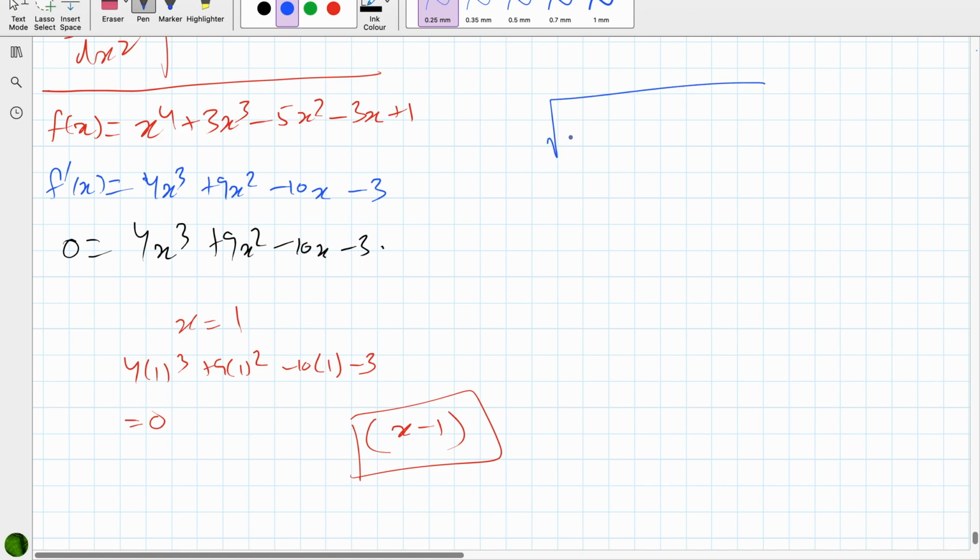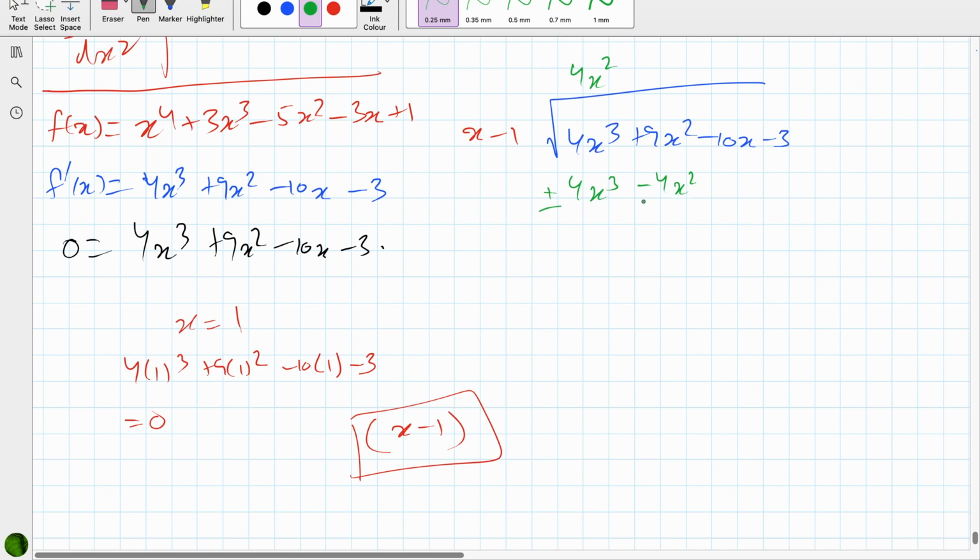And this was 4x cube plus 9x square minus 10x minus 3. Using x minus 1 for long division, multiplying it with 4x square to get 4x cube minus 4x square.